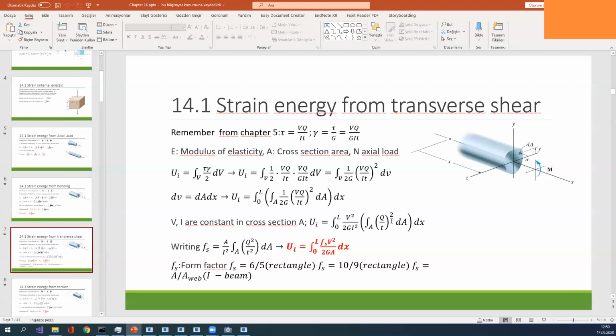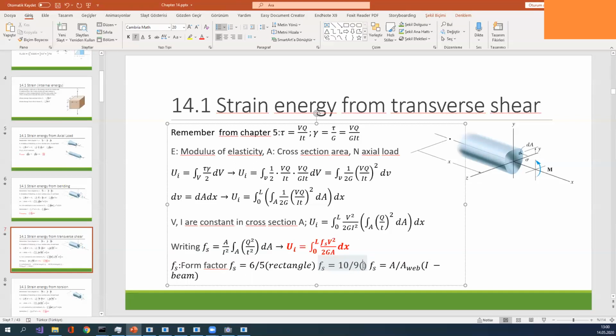So fs is important because, as you can understand from the name, it depends on the shape of the cross section. Therefore, there are specific numbers for each cross section. For example, f is equal to 6 over 5 for a rectangle, and 10 over 9 for a circle. This comes from copy and paste.